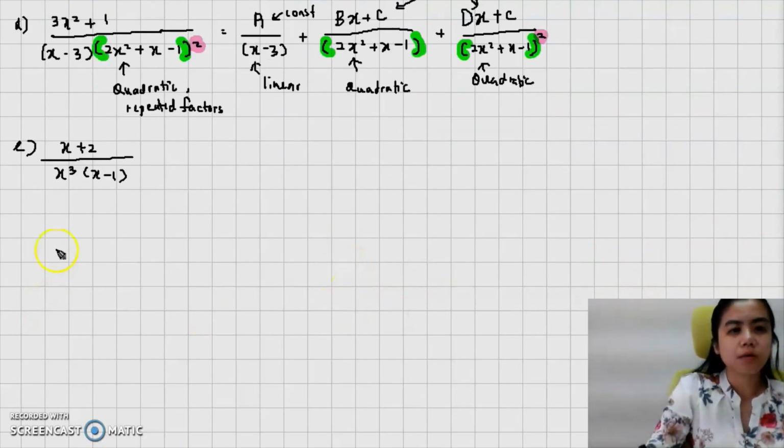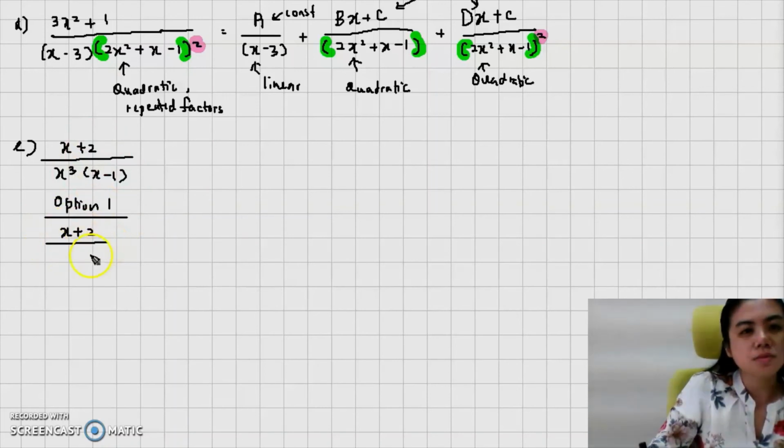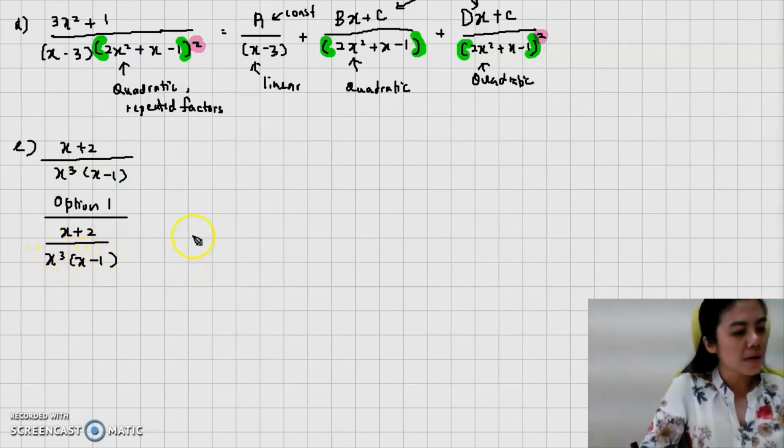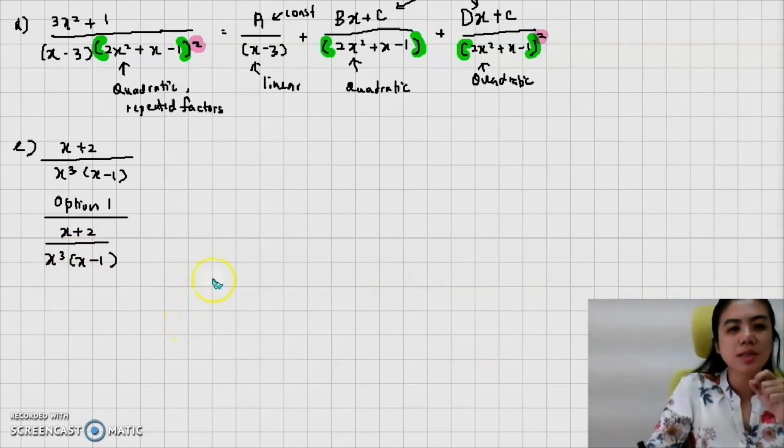Okay, let us look at the first option that we may have. So I will write this one out again. The first option is you consider this x cubed as linear. Why am I saying linear?